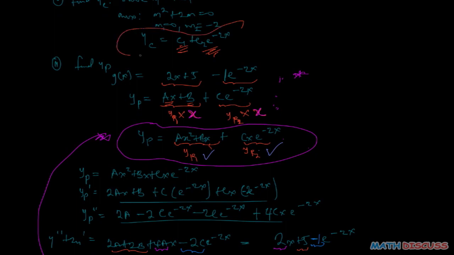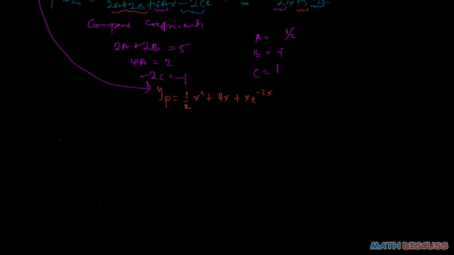Since yc plus yp gives our general solution, therefore y, which equals yc plus yp, equals c1 plus c2 e to the power negative 2x, then plus our yp, which is half x squared plus 4x plus x, times e to the power negative 2x.